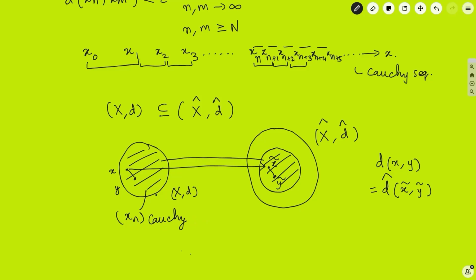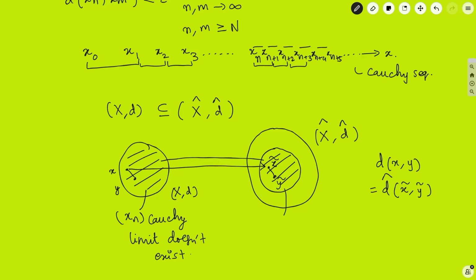The limit does not exist here. So here it's Cauchy, but the limit does not exist, or you cannot find the limit.